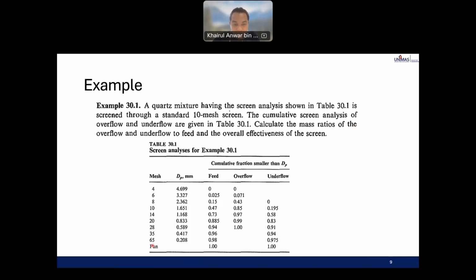So at mesh 65, DP is smaller, 0.208 millimeter. So most of the quartz mixture is in the feed. Yes, and it is in the floor.